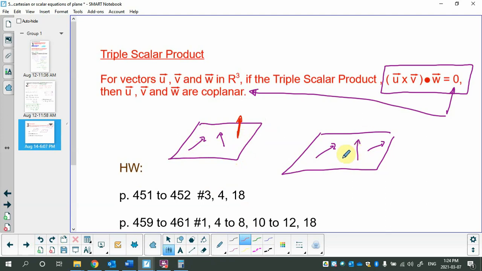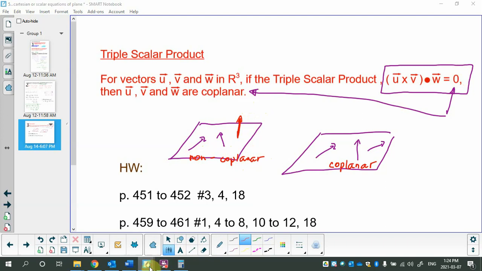So this is coplanar. This is non-coplanar. Two are coplanar, but the third one is not. So if you want to check for something being coplanar, this is the rule with the result.